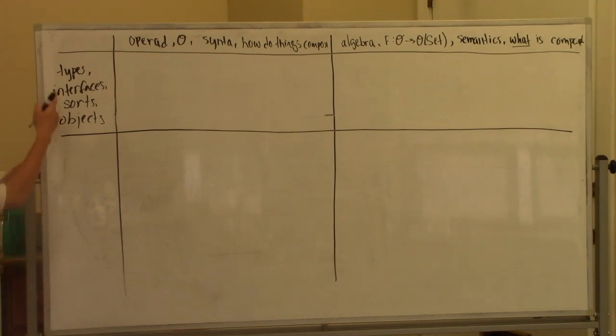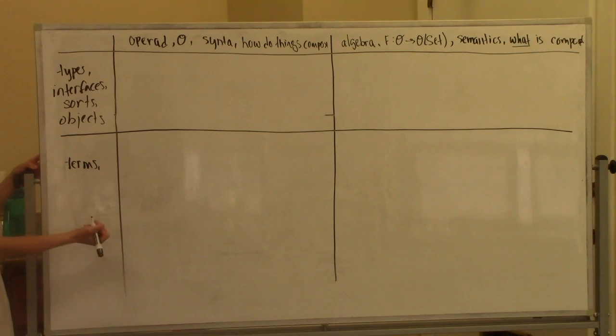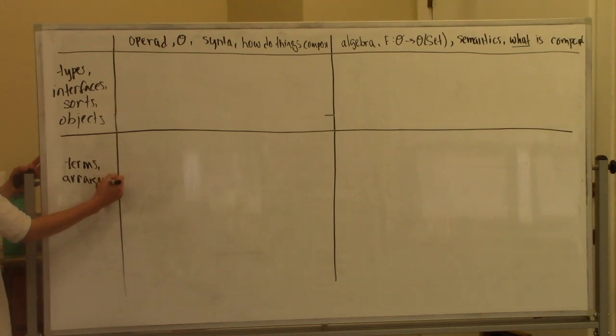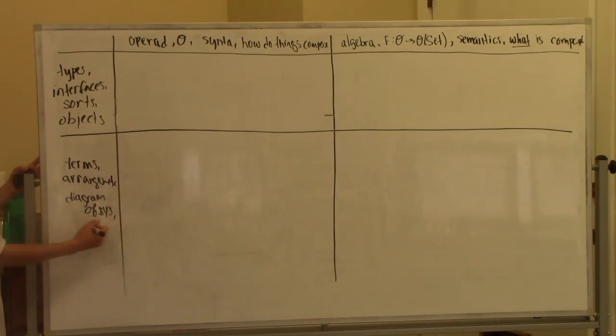That's what composition is. We might call these terms. We speak about them in a number of ways: arrangements, or a diagram of systems, or, the way I'll talk about them the most today, composition patterns.